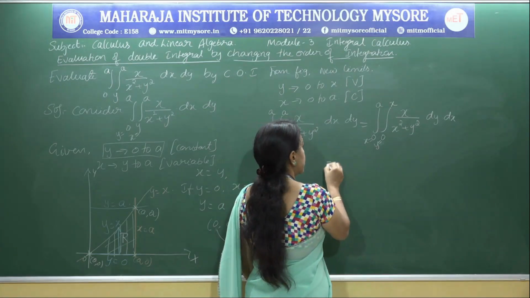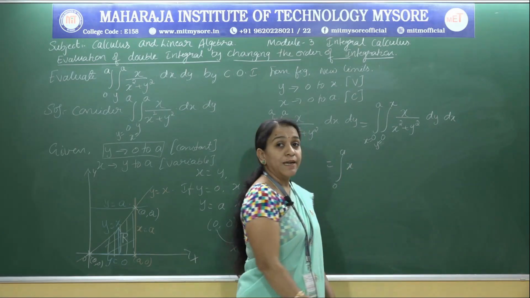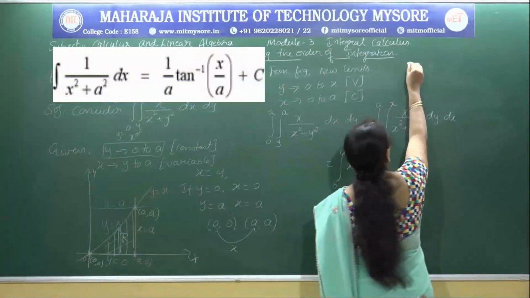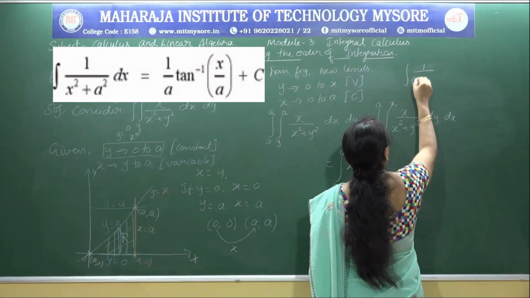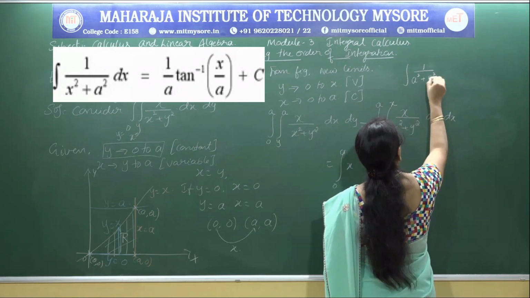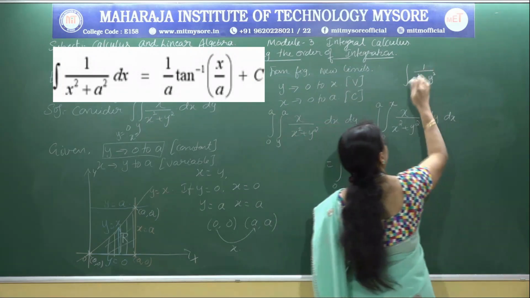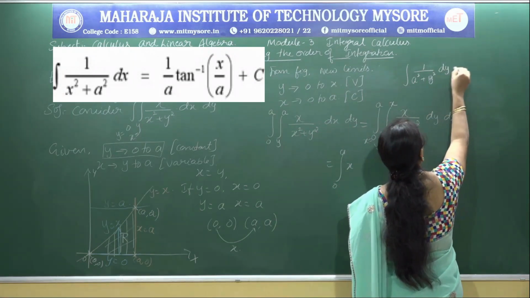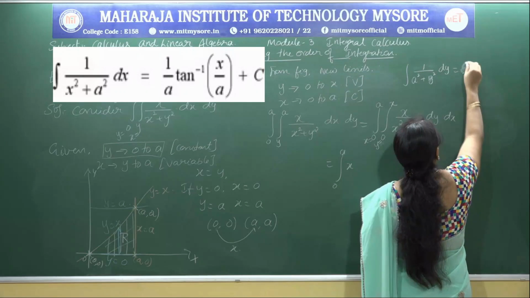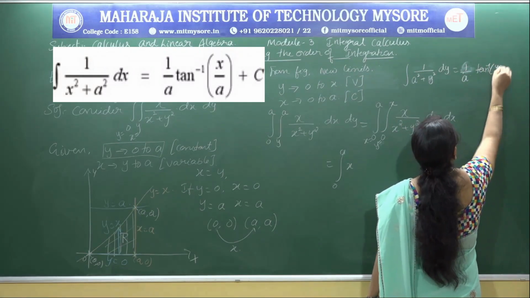If I keep x constant and integrate with respect to y, it looks like the integral of 1 by a constant a square plus y square with respect to y, which is nothing but 1 by a into tan inverse of y by a.